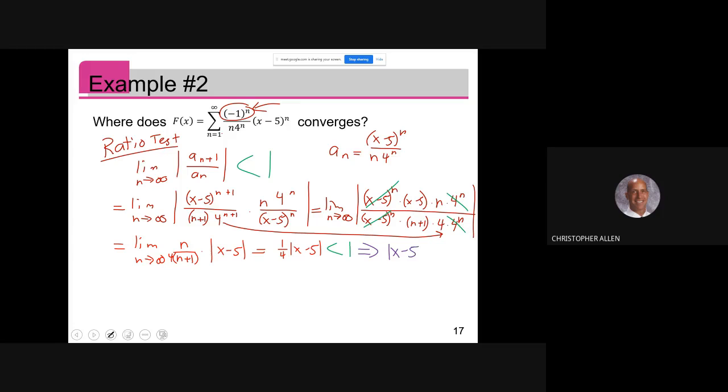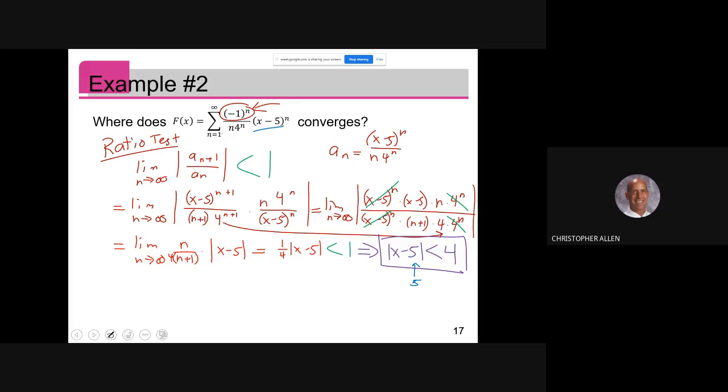This is the key observation. If we multiply 4 on both sides, that 1 becomes 4, right? This gives us what we need to know, which we already kind of knew at the get-go. Didn't we already know that our center was at 5, if we look up the original problem?